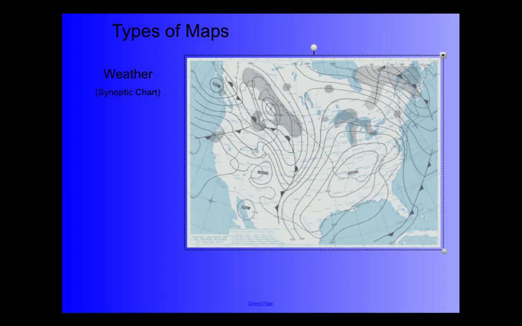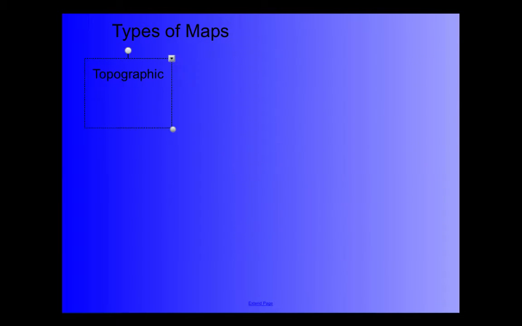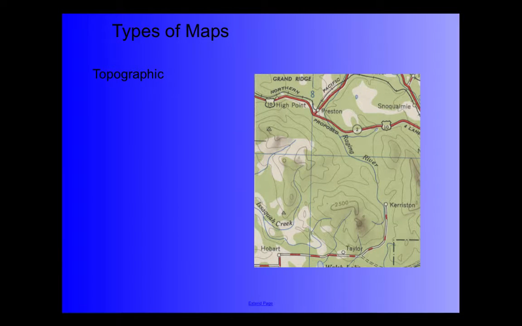A map that you might use if you go bushwalking is a contour map, or more commonly known, a topographic map. And the topographic map, like this one for example, will show lines on it. Some of those will have numbers on them, and those numbers show the height above sea level.